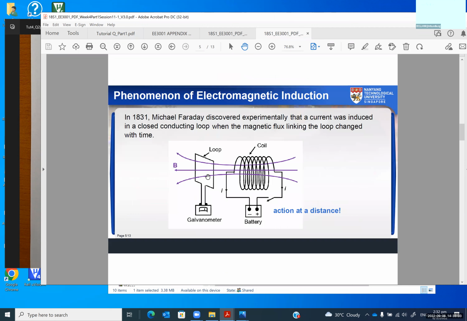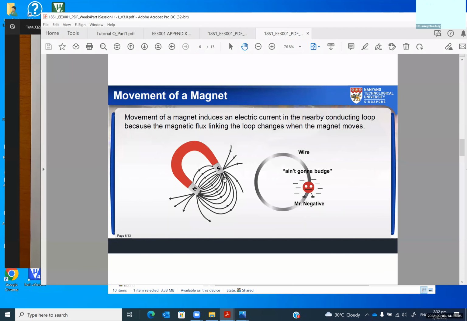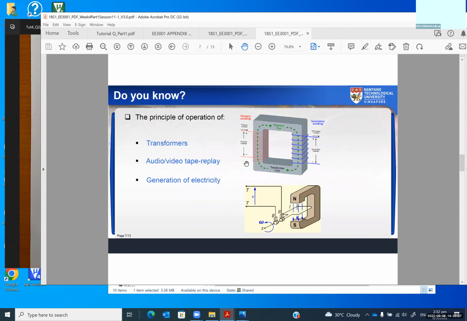Just now I said generator is this principle. The second one is induction. The induction method is like a transformer. So you have a primary coil, and in the primary coil you pump charges. You move charges by your electric source, but you must move the charges such that it's not constant velocity.